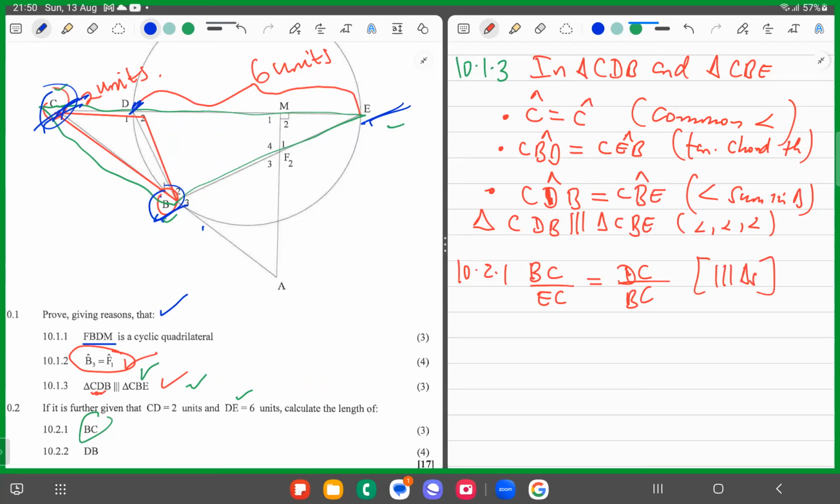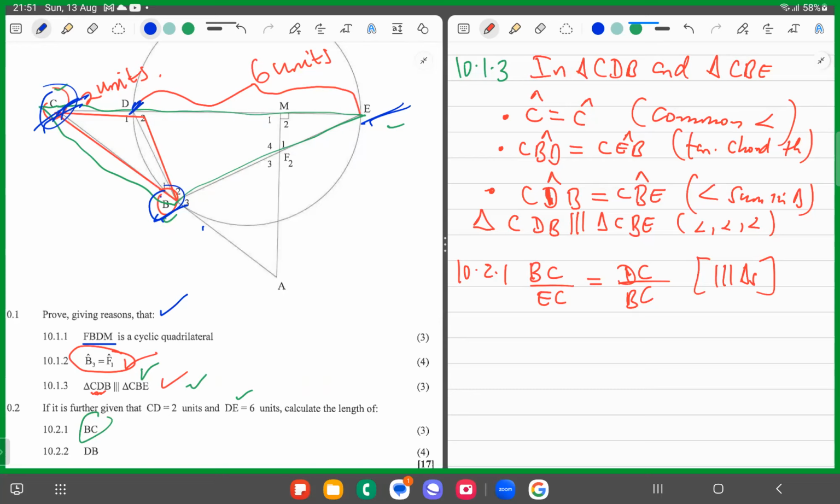BC over EC is equal to DC over BC. Okay, I want to analyze this very well. I want to relate these to practicality.